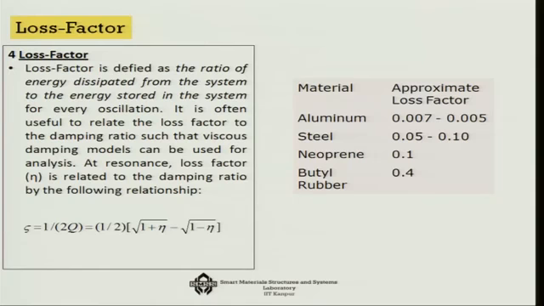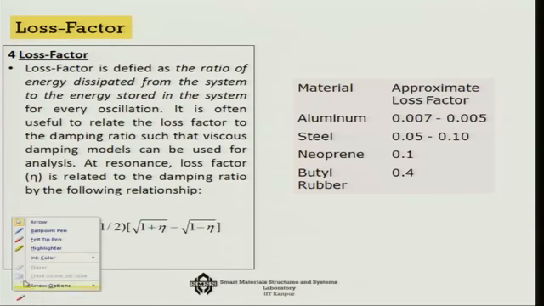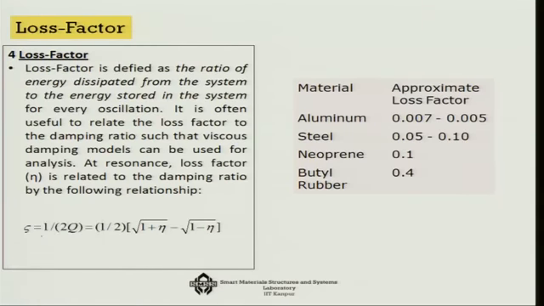And the loss factor is defined as the ratio of the energy dissipated from the system to the energy stored in the system for every oscillation. So, if you consider an underdamped situation, and plot the response with respect to time, the response is in a cyclic manner. However, the amplitude is coming down gradually.